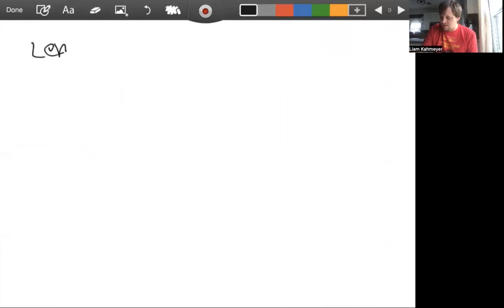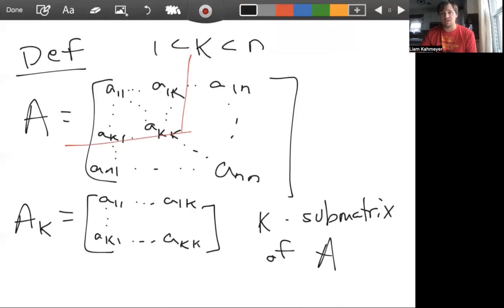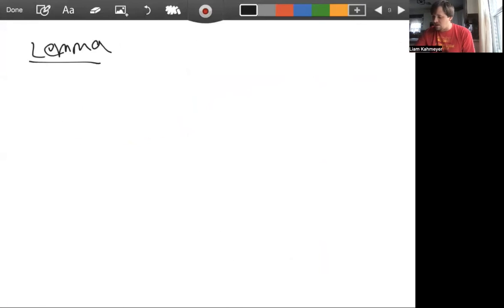So we have a lemma here. And sometimes, if a matrix is huge, say you have a 3,000 by 3,000 square matrix, then it would be really convenient if you could extract information with only having to look at some smaller dimensional matrix. And that's kind of why we care about submatrices.